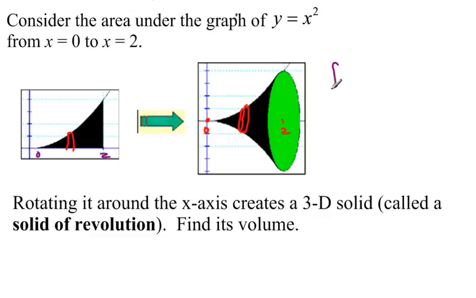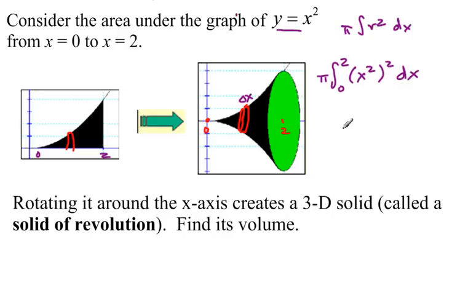So we've got the integral from 0 to 2. And recall, we're always working with pi r squared, and in this case, we've got a delta x, so dx. So we're going to put pi out front. Our radius is the height of this, and the height is determined by this function right here, y equals x squared. So we're going to have x squared squared dx.